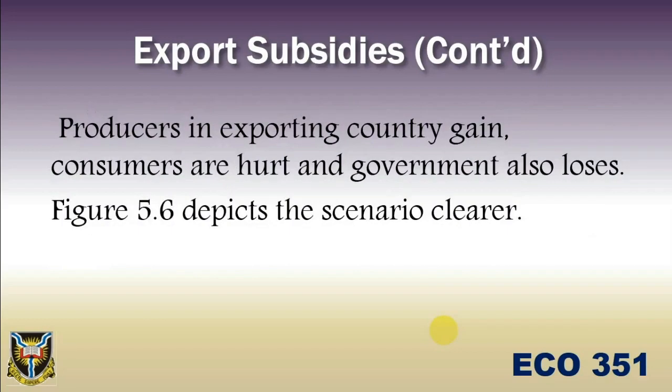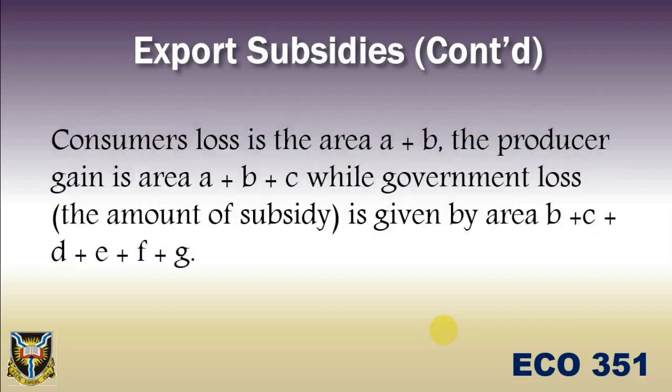Figure 5.6 depicts the scenario clearer. Consumers' loss is the area A plus B. The producer's gain is the area A plus B plus C, while government loss is the area given by B plus C plus D plus E plus F plus G.